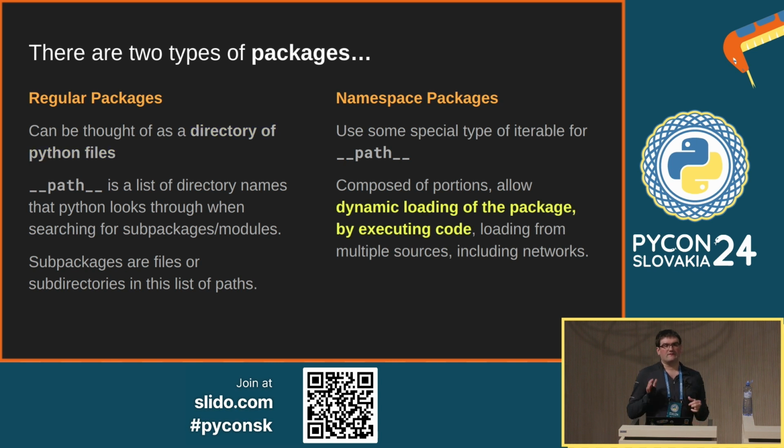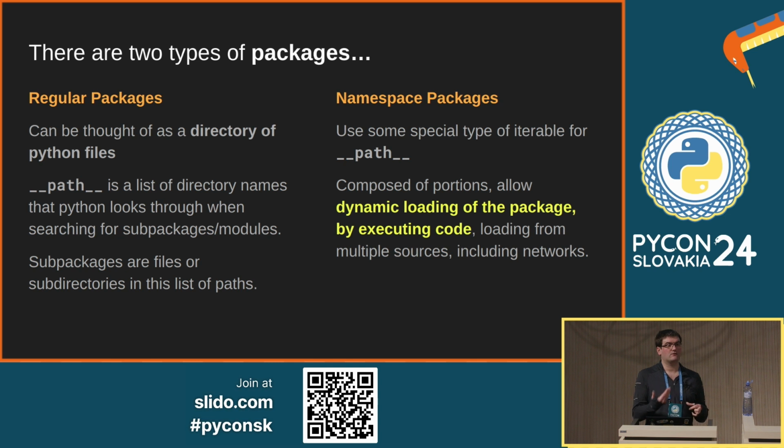But there are also special types of packages called namespace packages that allow the dynamic loading of a package by executing code, should they wish. The path attribute on a particular package just has to be an iterable that returns a file location. And obviously, we can create our own iterables that execute code.